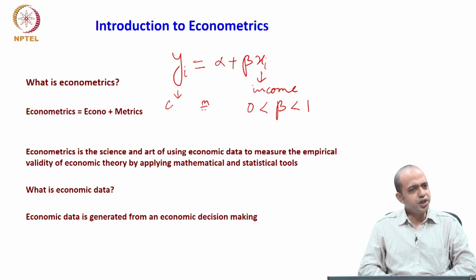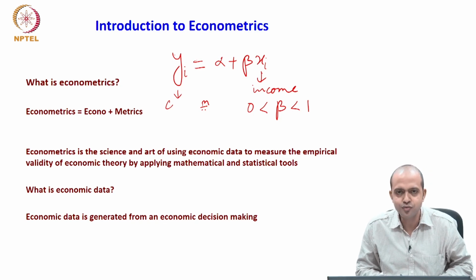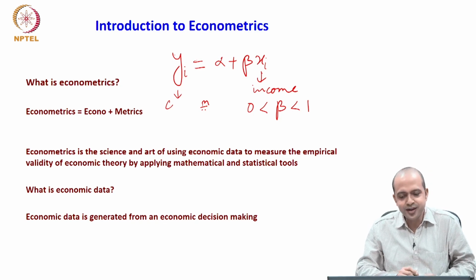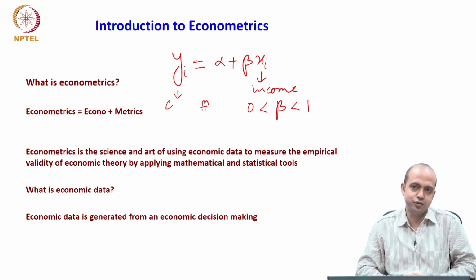Okay. Then what is statistics? That means, what is the job of a statistician? A statistician's job is to collect data on consumption, data on income, then process the data, and also present the data using some charts and tables.